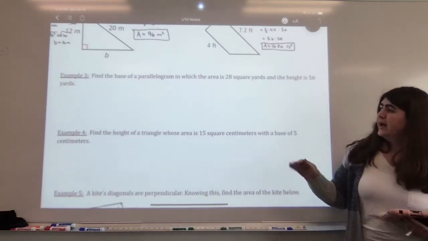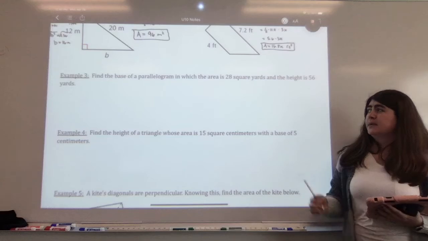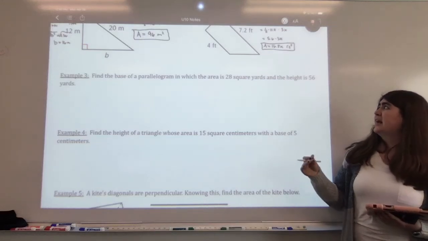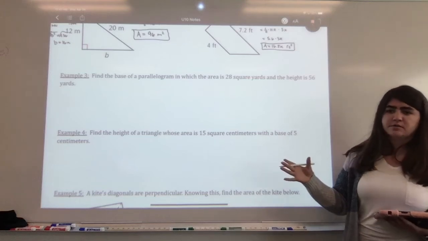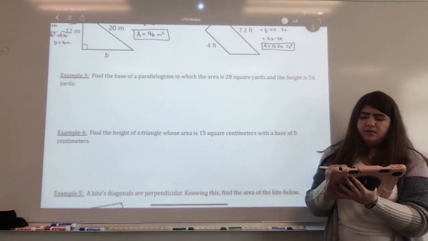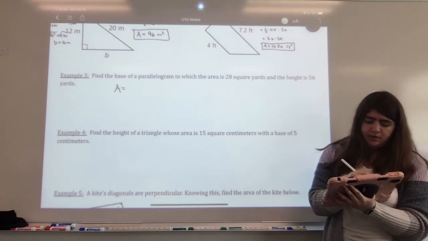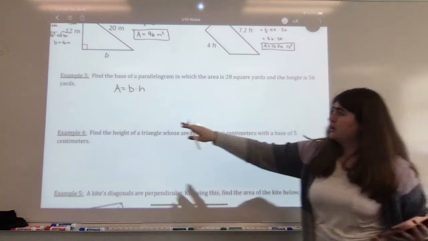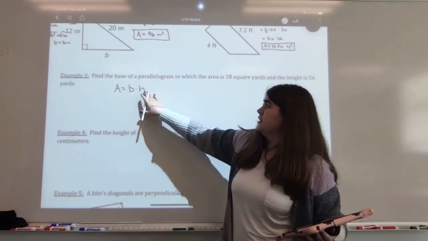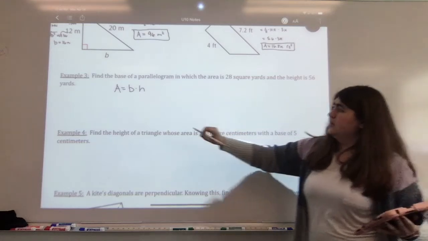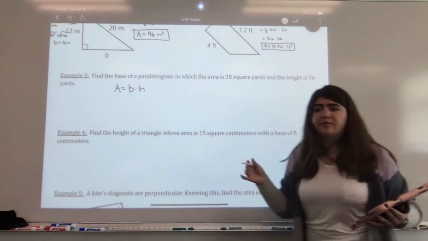All right, moving on to example 3. We have find the base of a parallelogram in which the area is 28 square yards and the height is 56 yards. So we know the area formula for a parallelogram is area is equal to base times height. If we already know that the area is 28 and our height needs to be 56, then we can figure out what b is from that.